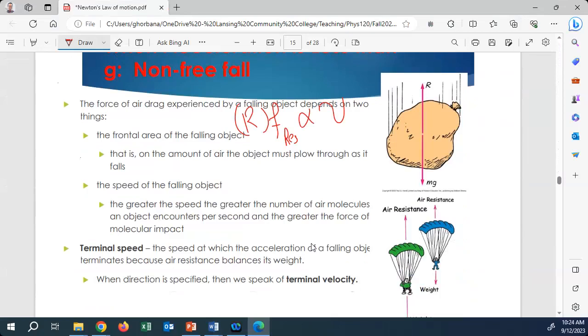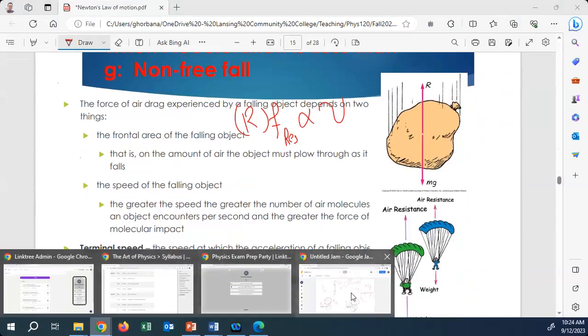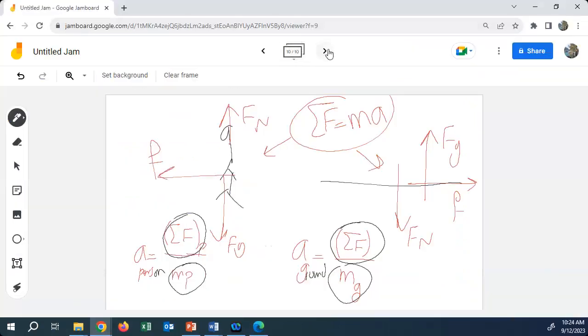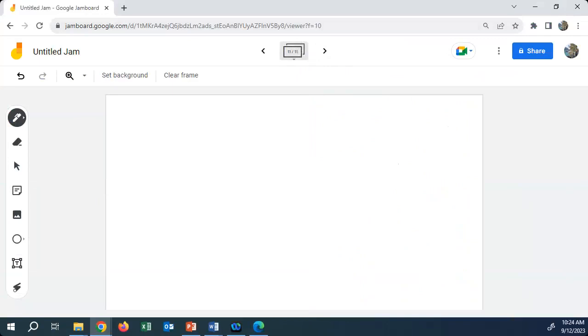Okay, let me just analyze the air resistive force.